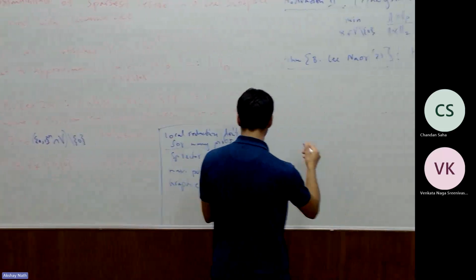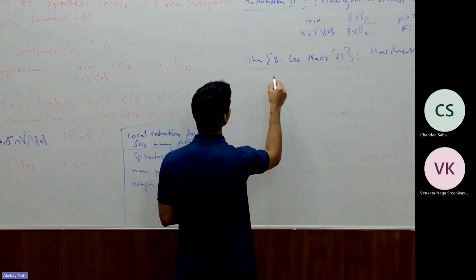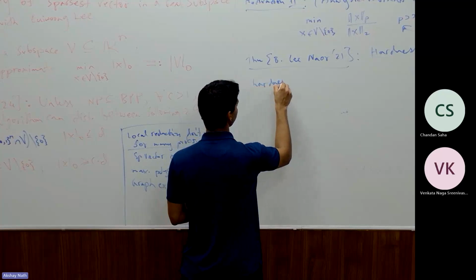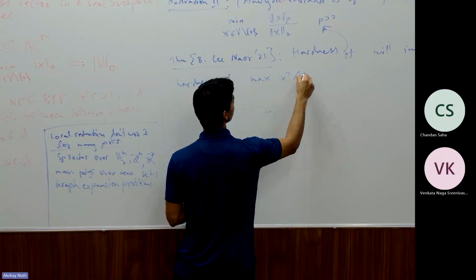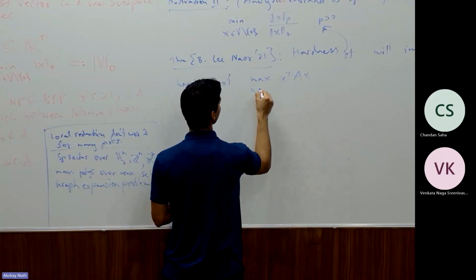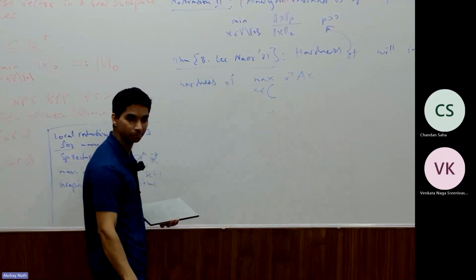Okay, so it will imply hardness of maximize x transpose AX, where X belongs to a convex set C.